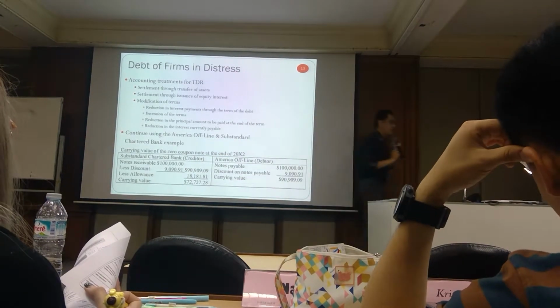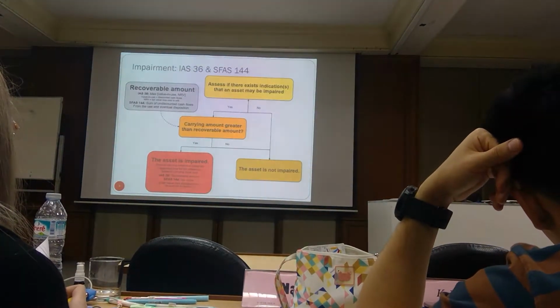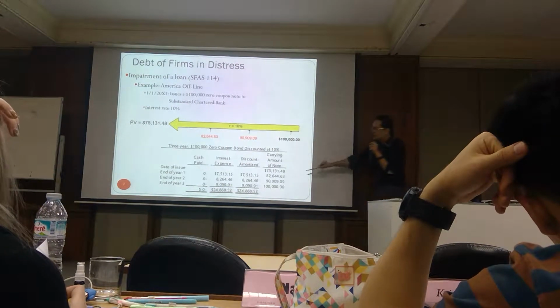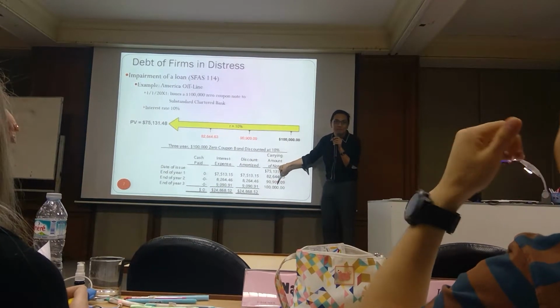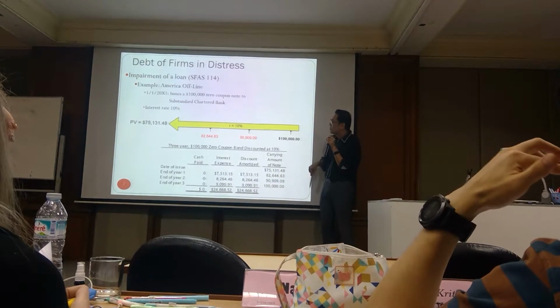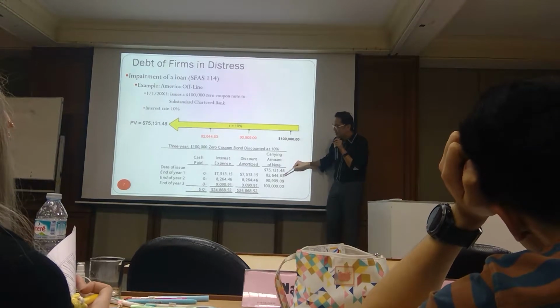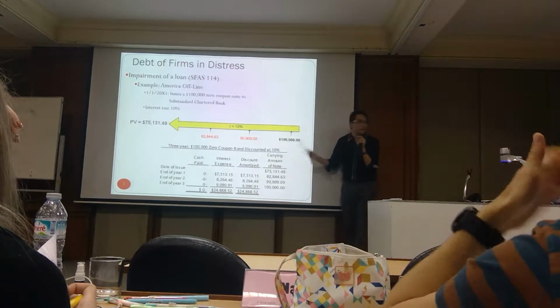Where did I get this one from? You don't need to turn, I'll turn for you. This is the balance at the end of year 2. All right, so it means what? Coupon rate subtract by discount. This is the book value of the bond or of the AR.